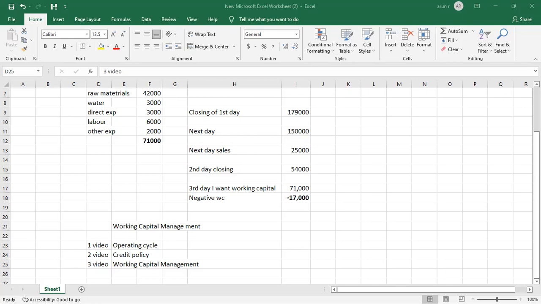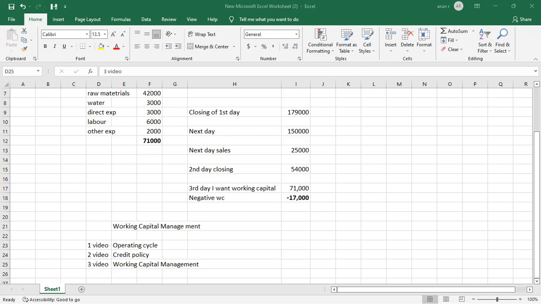Then we come to the operating cycle, or working capital cycle: the number of days within which the working capital must be raised.